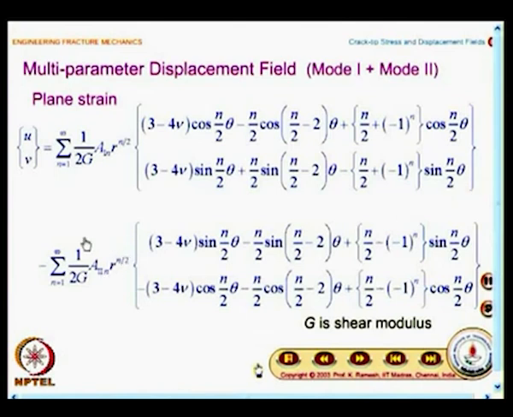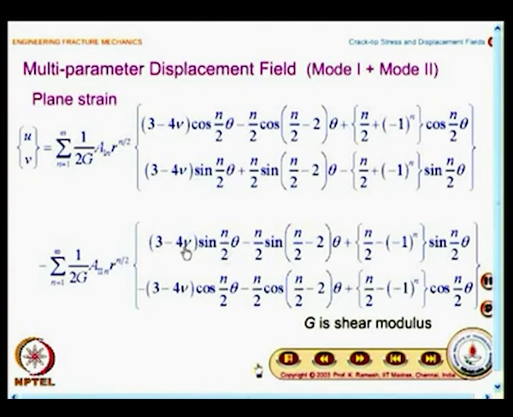And you have this for mode 2 given as minus sum n equal to 1 to infinity 1 by 2g a2n r power n by 2. For the u component, it is 3 minus 4 nu sin n by 2 theta.